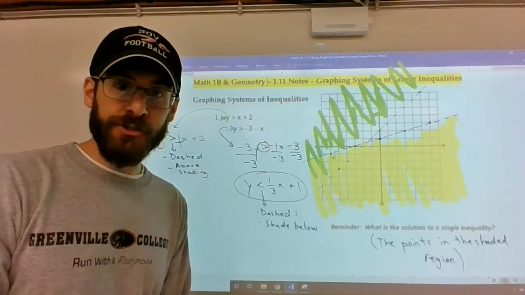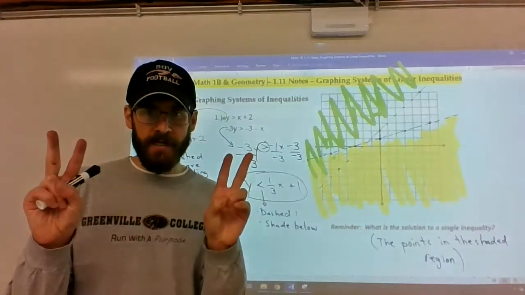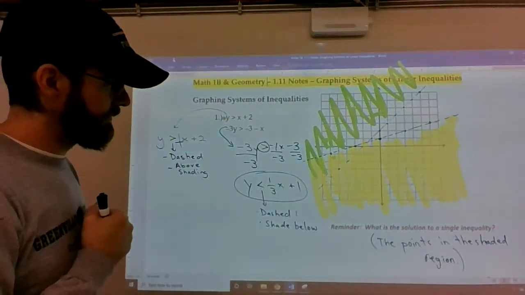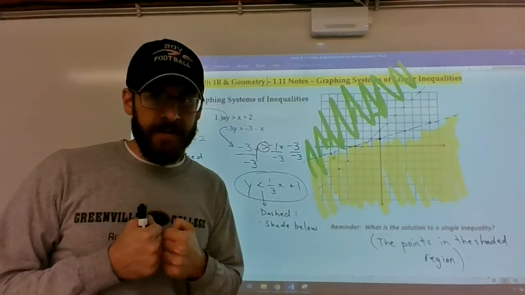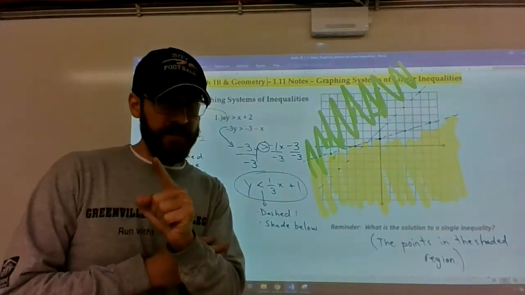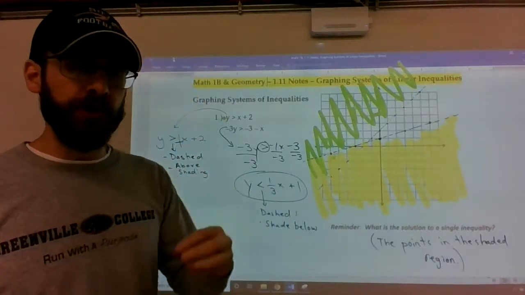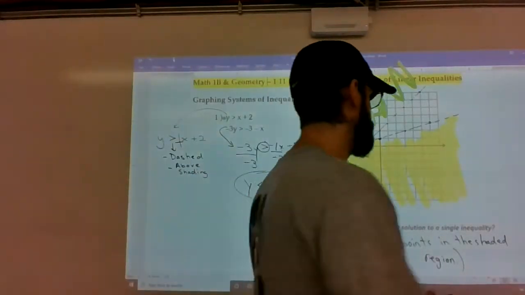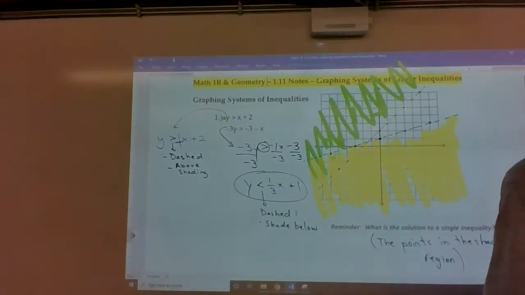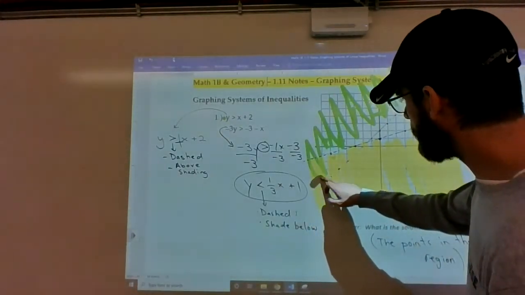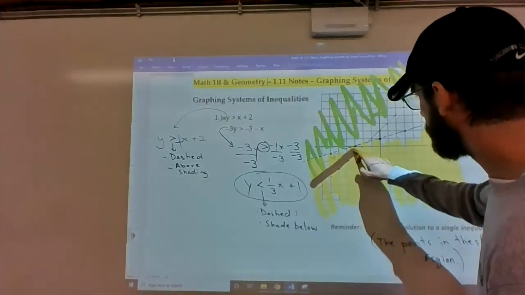All right, the solution to 2 is the point of intersection. So the point of intersection is not actually one point. It's a region. It's the region of intersection. It's where the green meets the yellow. The green meets the yellow right here in this region.